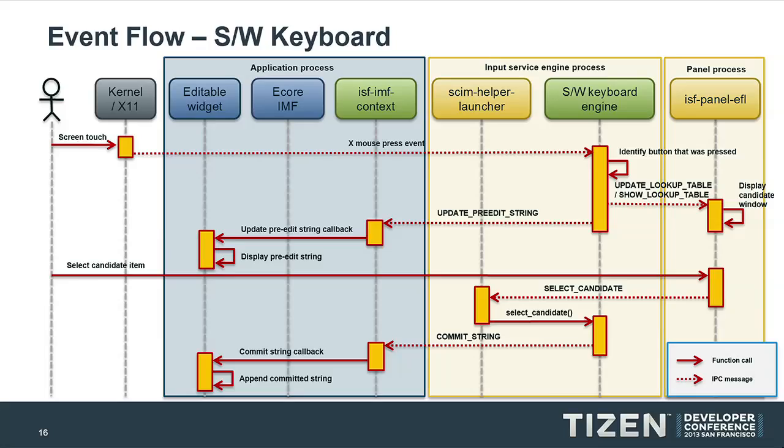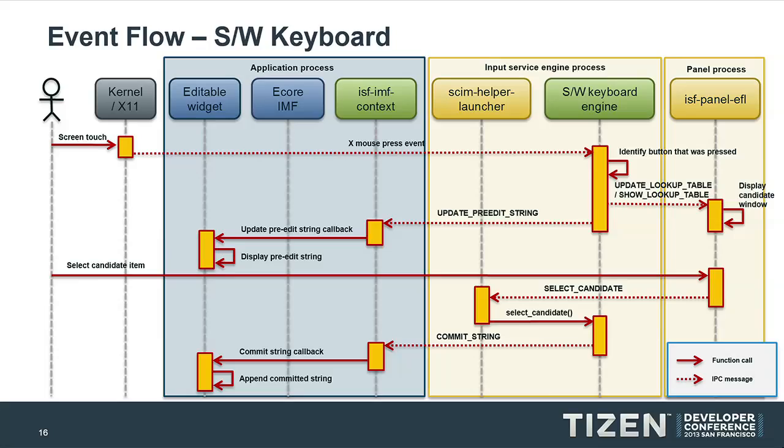And then if the software keyboard engine has its own logic for composing characters, if the software keyboard engine knows the details of the language, then it can process that event by itself. It can just update the preedit string, or display the candidate window as the hardware keyboard engine did.